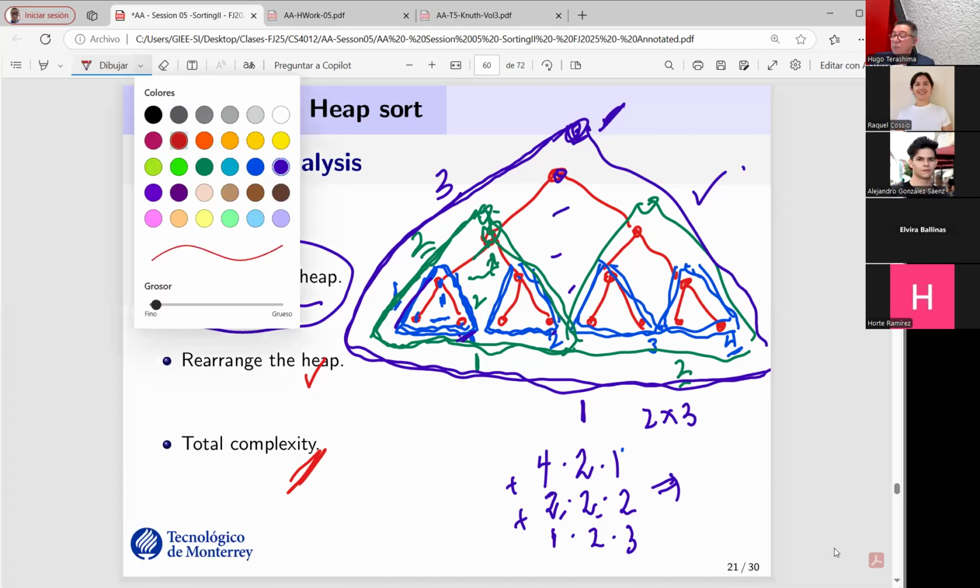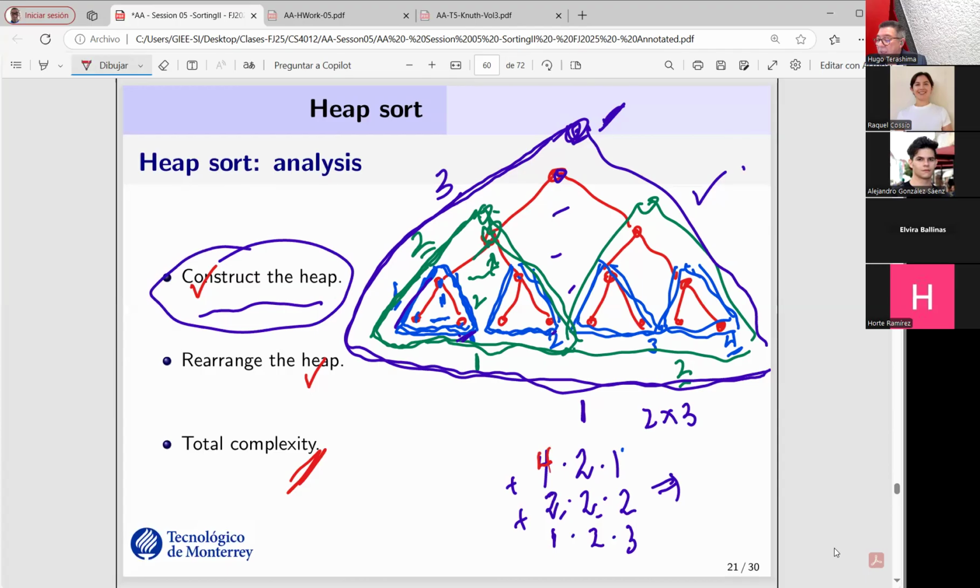So let me just return to color. 4 trees times 2 per level, just 1 level. Next, 2 trees, 2 per level, but 2 levels, right? 1 tree plus 2 comparisons per level, 3 levels.